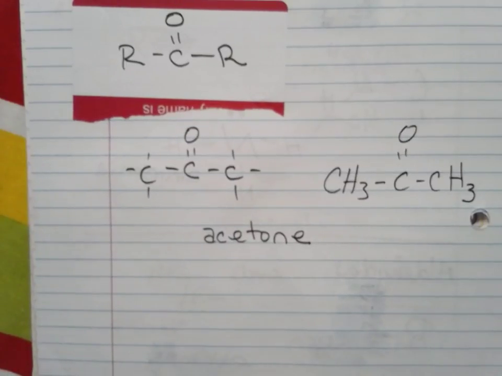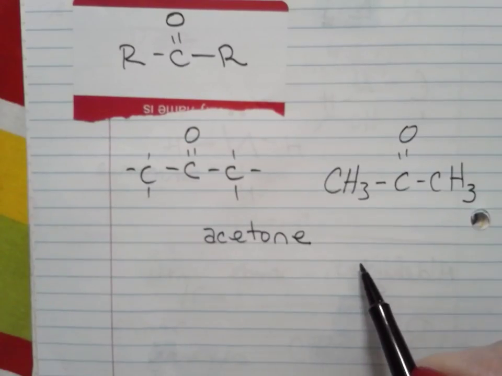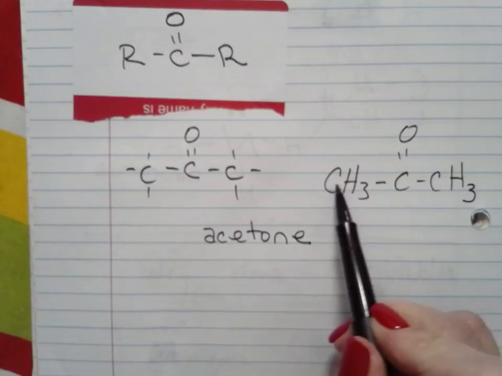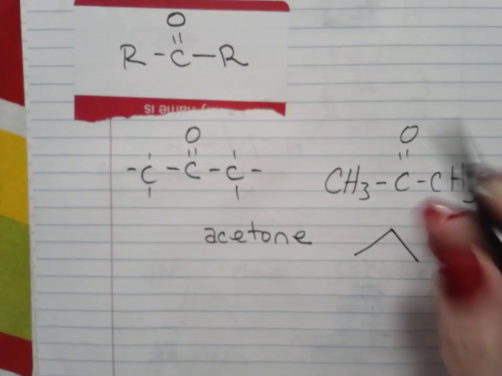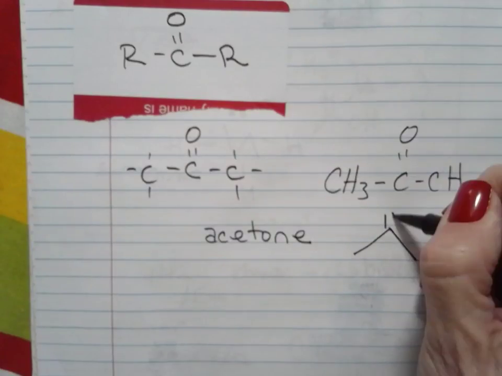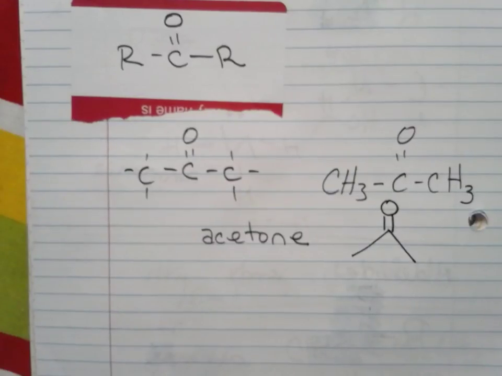Alright, so there's acetone, the example that they give you. When you draw a line structure, you've got 3 carbons, so you'll have a hump there, 1, 2, 3 carbons, and you've got to show that it's double bonded to that oxygen. With just one line it shows it's one bond, but when you draw both of those lines, that's when it shows it's two.